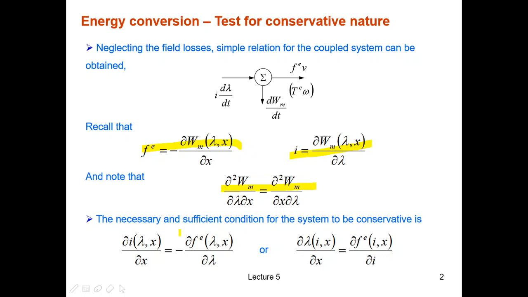Okay, mathematically, our necessary and sufficient condition for the system here, because we only have two variables, we only have one condition for the cross second derivative.